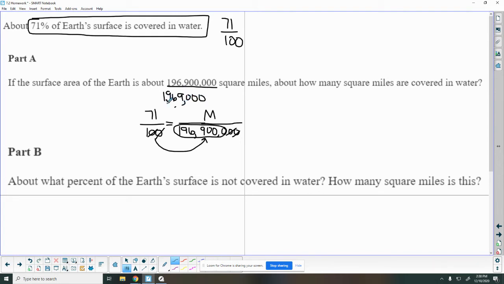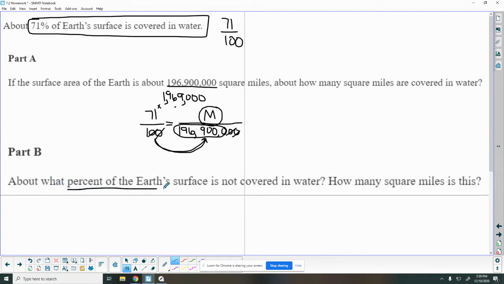So we're left with 1,969,000. So we had to times by 1,969,000 to get to 1 million. So we're going to take 71 and times it by this 1 million number to see how many miles are covered in water. So that is a bigger number. You can do it.